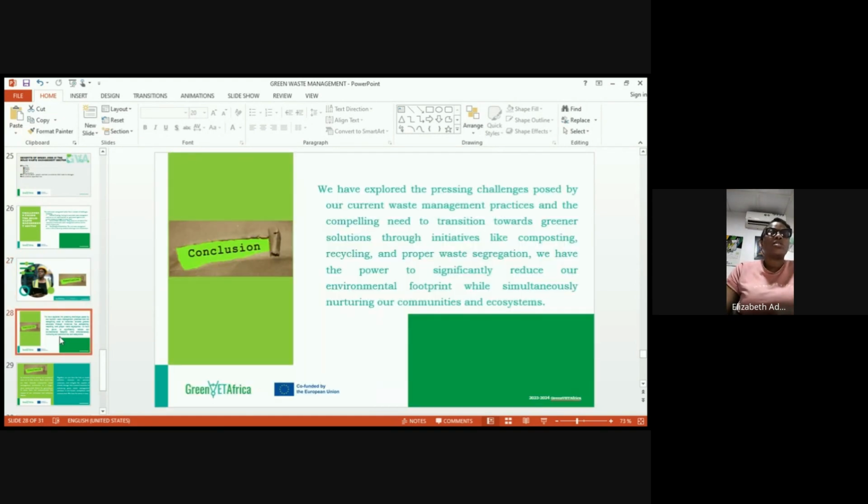So in conclusion, we have explored the present challenges posed by our current waste management practices and the compelling need to transition toward greener solutions through initiatives like composting, recycling, and proper waste segregation. I want to say that we have the power to significantly reduce our environmental footprint while simultaneously nurturing our communities and ecosystem as individuals. We talk about lack of awareness.